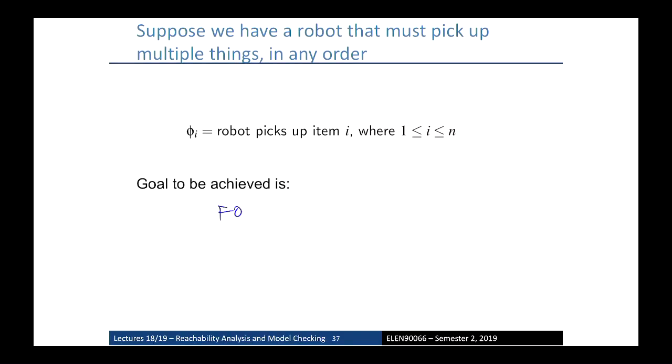Eventually phi 1, and eventually phi 2, and eventually phi 3, etc. So that would be a liveliness property we have to check, right? That eventually all those things are met.